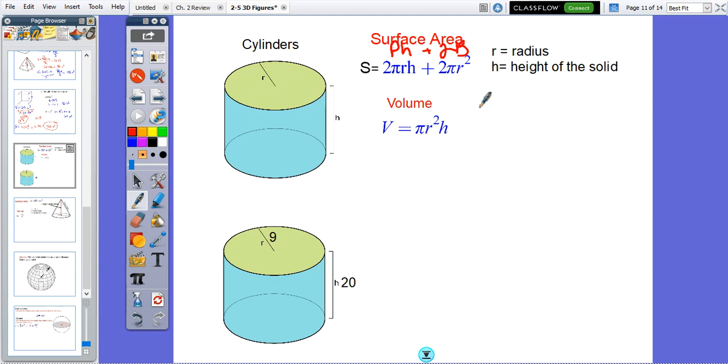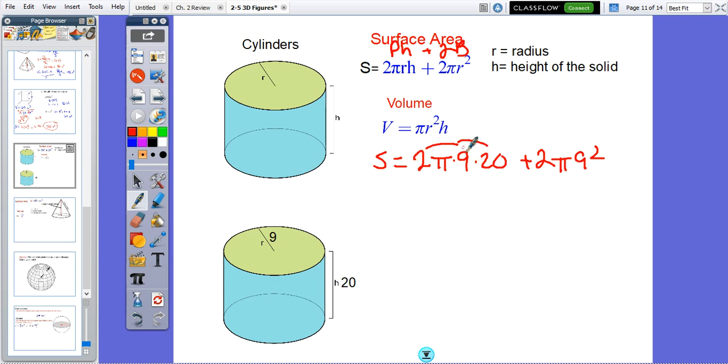The height's still height, and then we're taking 2 pi r squared as the area of the base. So let's look at that real quick. We'll do this problem together. We'll have S equals 2 pi, our radius is 9, and our height is 20, plus 2 pi times the radius squared, or 9 squared. Again, keep your answer in terms of pi unless you get a round number.